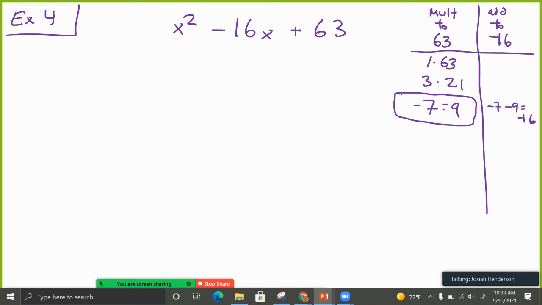So there's the configuration we pick to break up our b. So we write it again here. X to the second power minus 7x minus 9x. Notice that the 7x, 9x, that comes from the 16, plus 63.